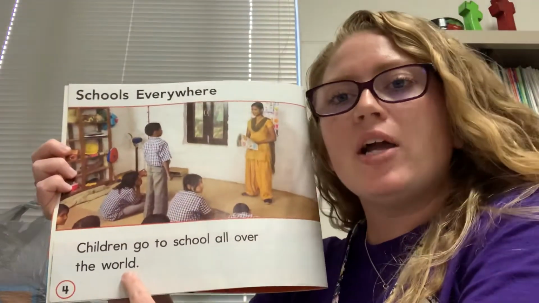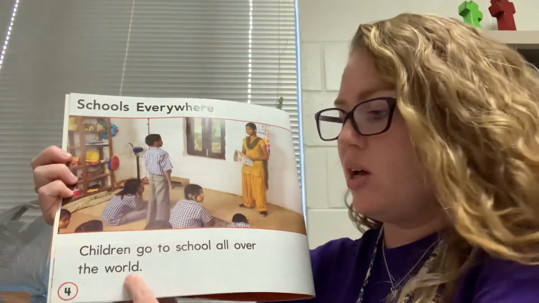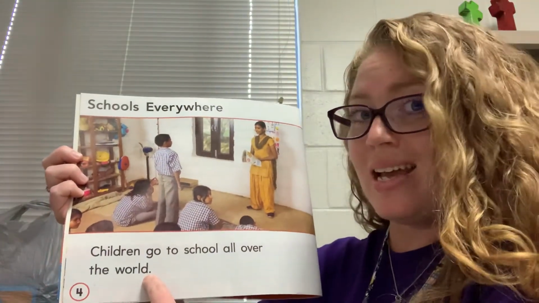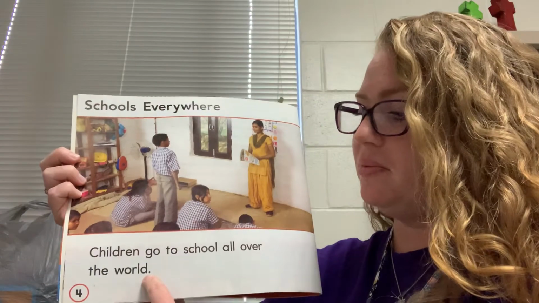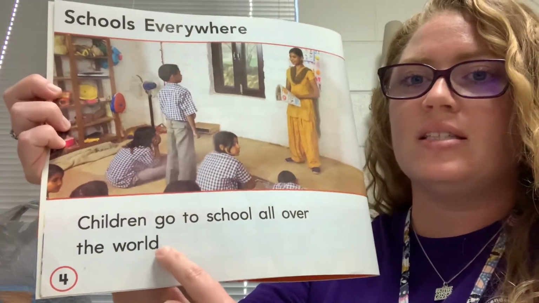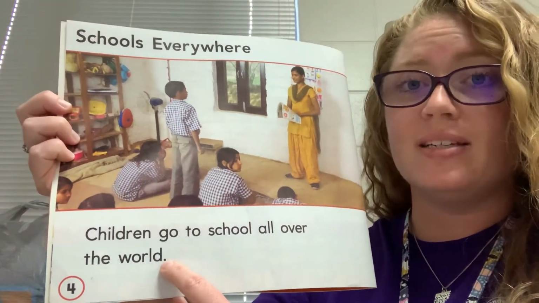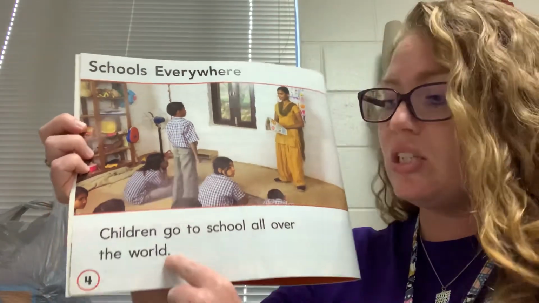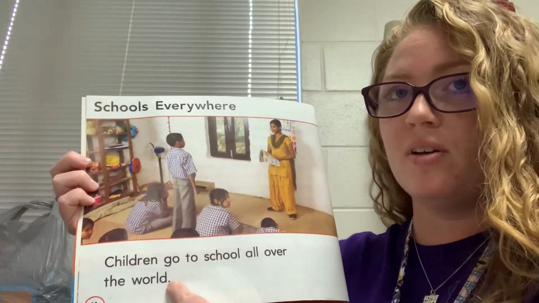How do I know to stop? How do I know when to end the sentence? This little point right here, my period, that tells me that I need to stop. So I stop.